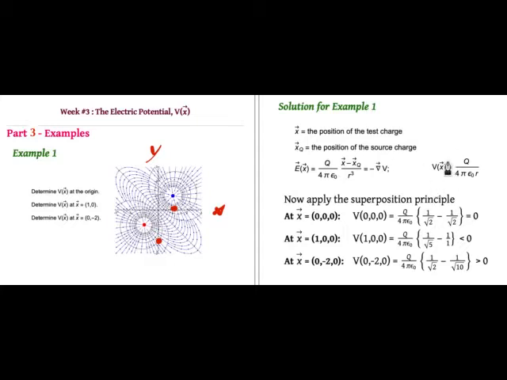So r here is a distance from the position of the source, that's x_q, to the point where I'm calculating the potential.